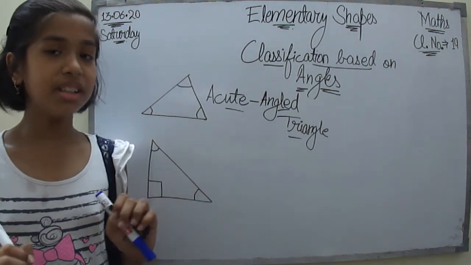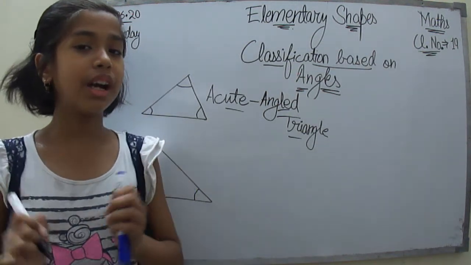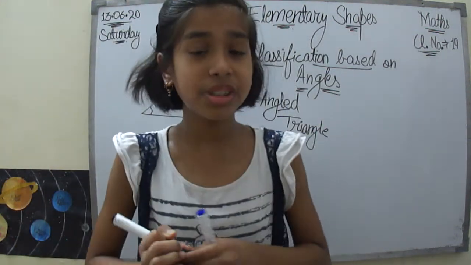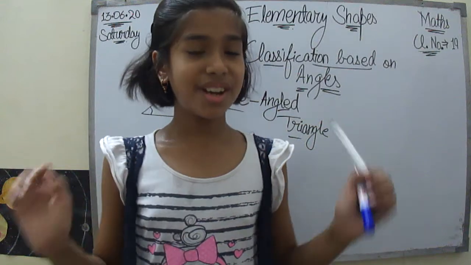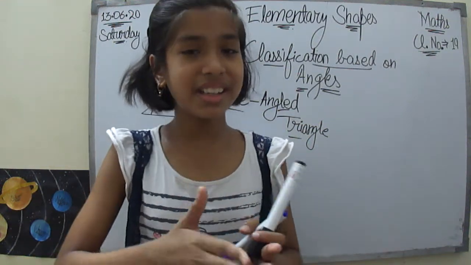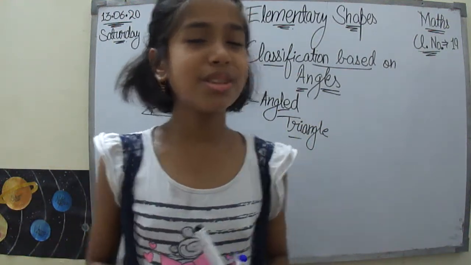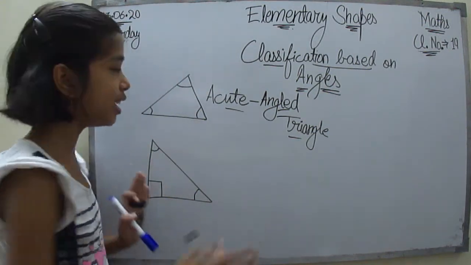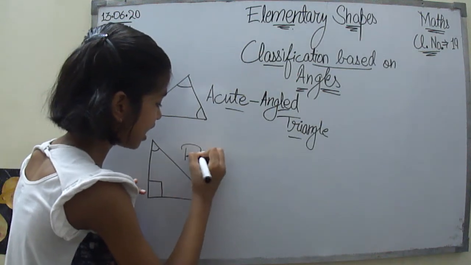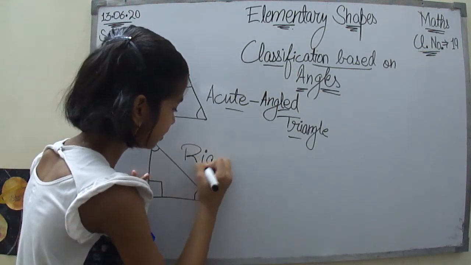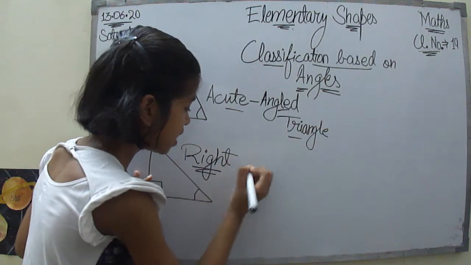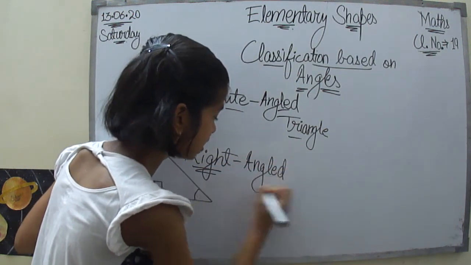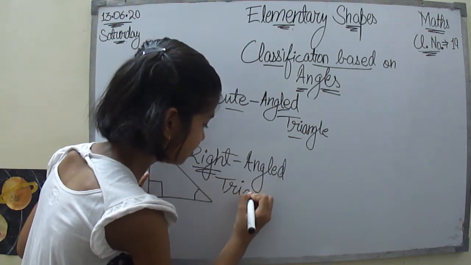The two angles couldn't be bigger than 90 degrees, or equal to 90 degrees. We'll discuss that a little later. But first, this is called the right angle triangle. Very simple name, as acute angle, then right angle: right angled triangle.